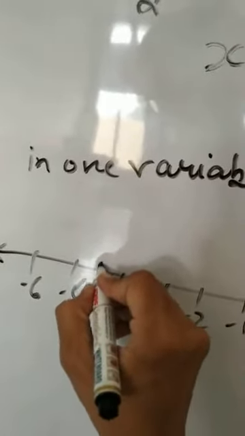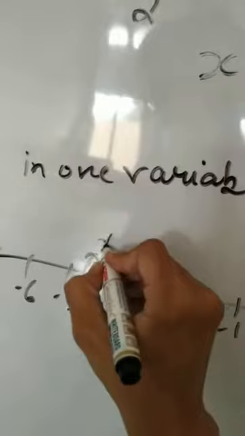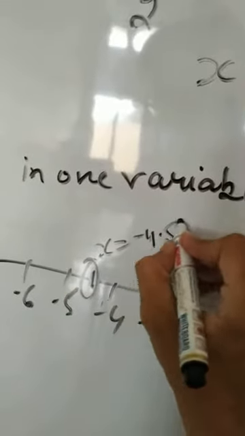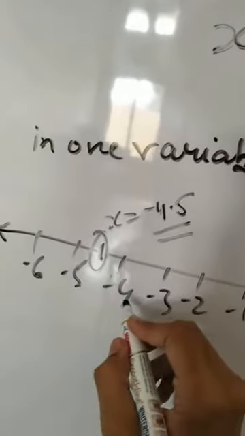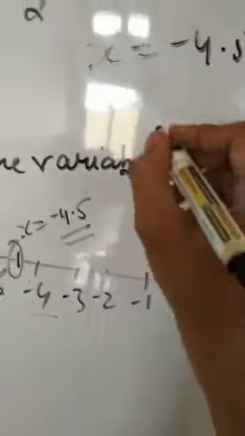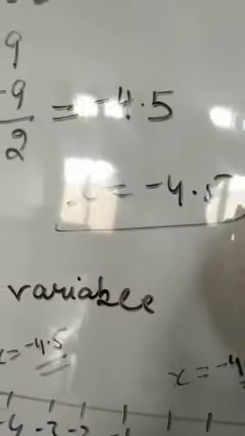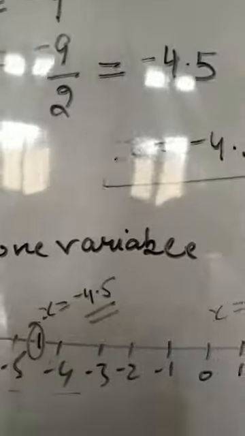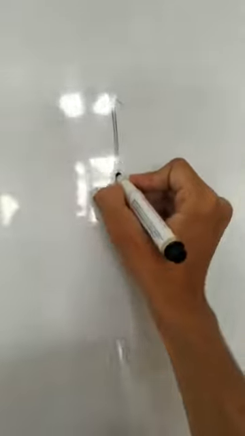So this point is x = -4.5. -4.5 is between -4 and -5.